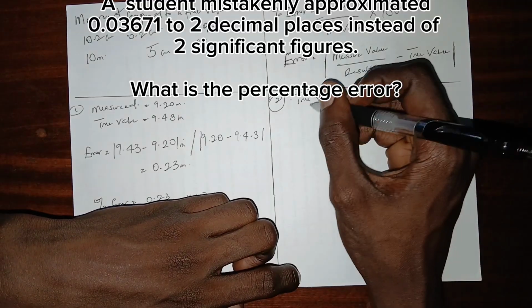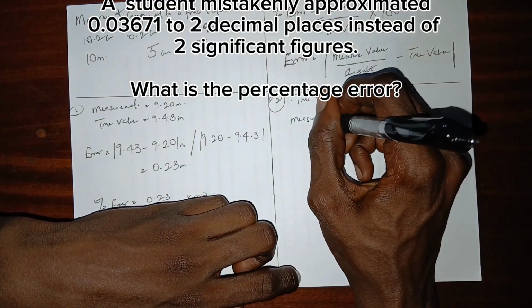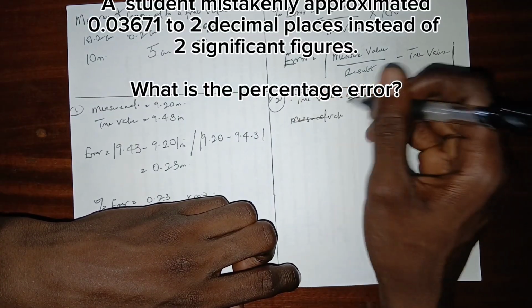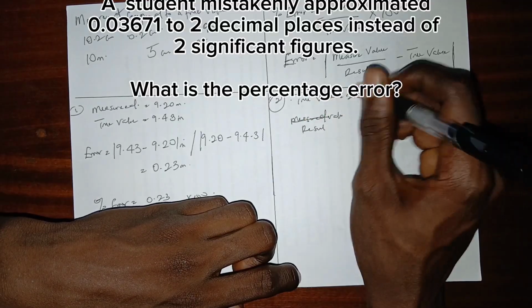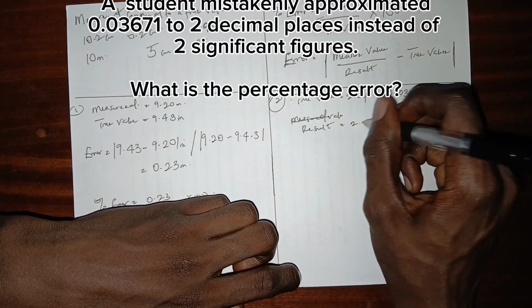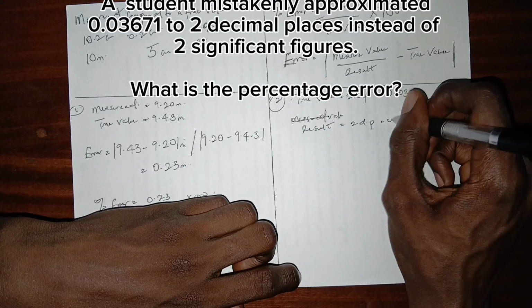And the measured value, or let's say the result, is what the student got when approximated to two decimal places, which is 0.04.